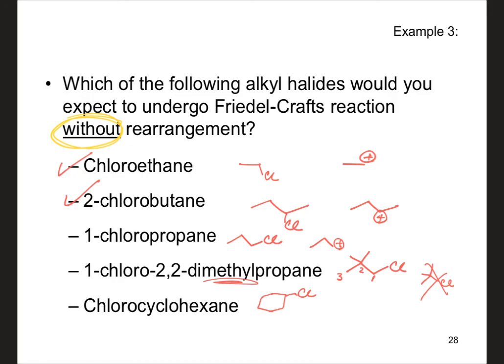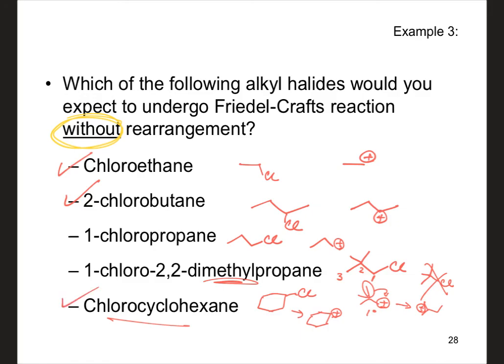We actually just solved this one because right now it's a primary. After a methyl shift, it's going to give rise to a tertiary. So that will also undergo rearrangement. And the last one, which is chlorocyclohexane, is going to lead to the formation of your carbocation at the secondary position.